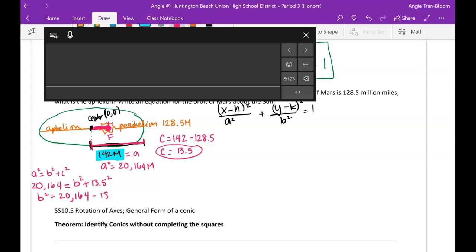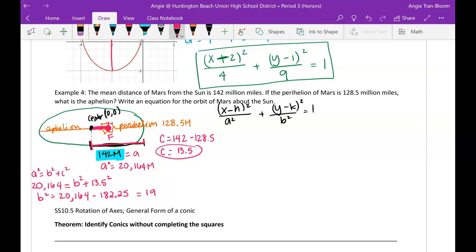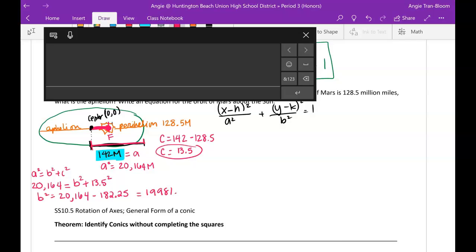I subtract those two: 20,164 take away my answer. So b squared is 19,981.75 million. Keep in mind we're in millions of units here.